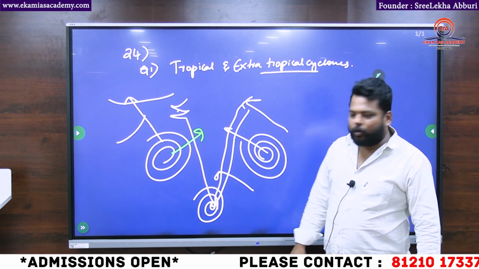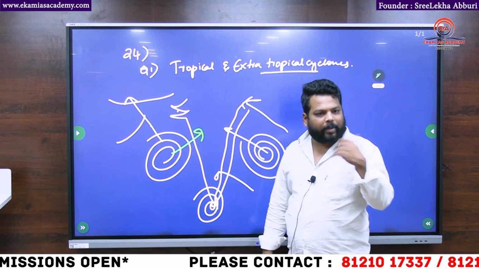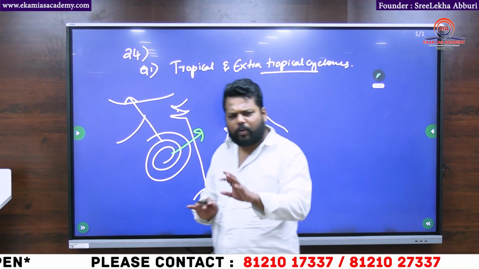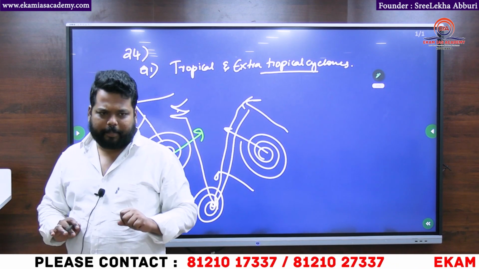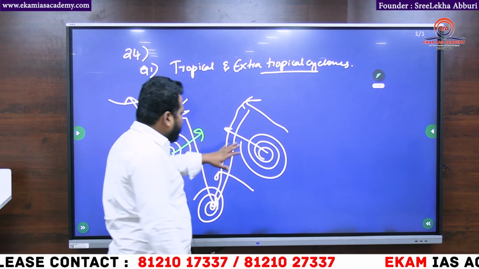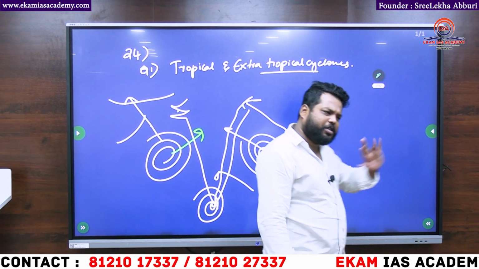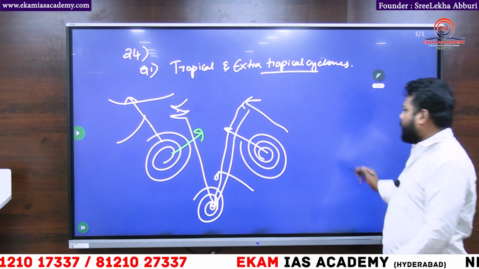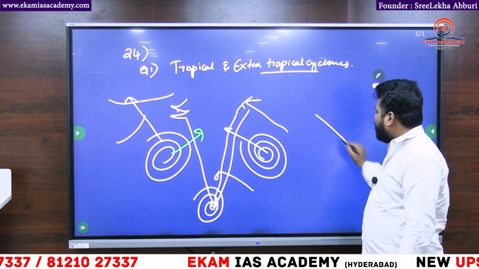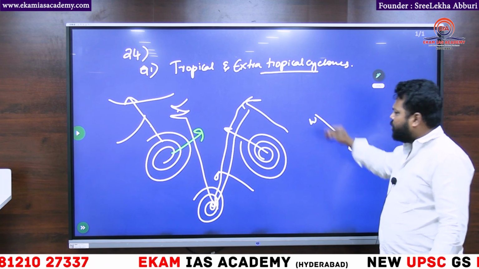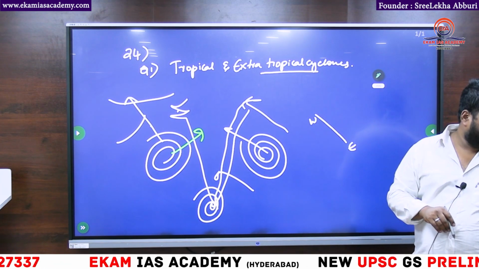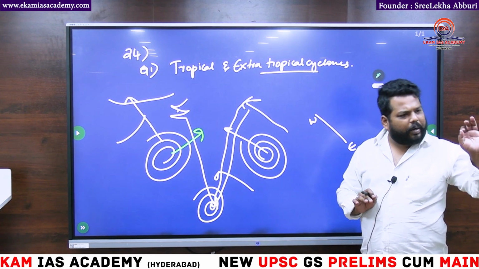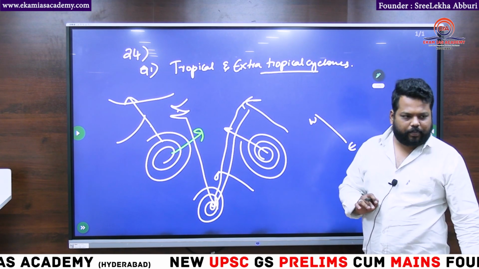So during that particular aspect, the path of the cyclone is the most important aspect here. Many people think that the cyclone just travels from east to west, but it is not true. The path of the tropical cyclone would be in this way. First, it shall travel from east to west for sure, no doubt at all. From the point of origin, it will travel from east to west.